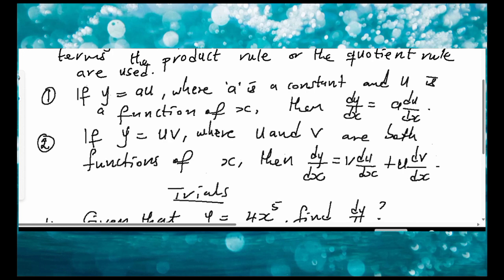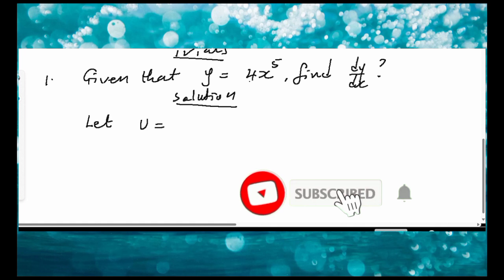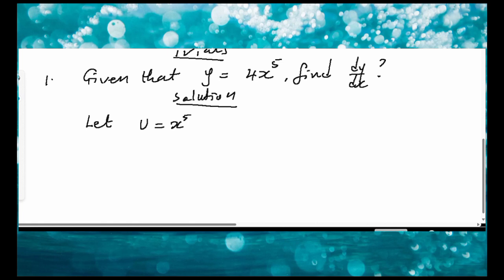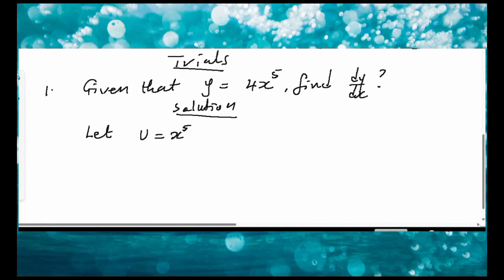Then over here, our A is the 4, which is a constant, and U is going to be the function of x, right? So we're going to say let U be equal to x raised to the power 5, and 4 is our constant as we have over here, right? So A is our 4 and our U is what? X raised to the power 5.